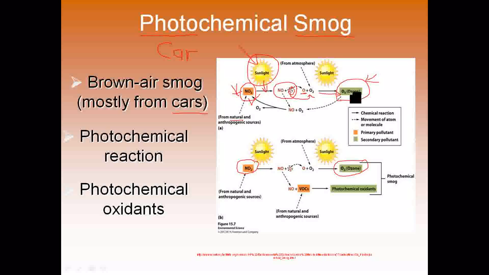Remember the third thing that has to happen with photochemical smog. It's not just the sunlight, it's not just the nitrogen dioxide, but there also needs to be some sort of a physical barrier that keeps the ozone from just floating up into the atmosphere and blowing away, which can typically happen in a lot of other cities.